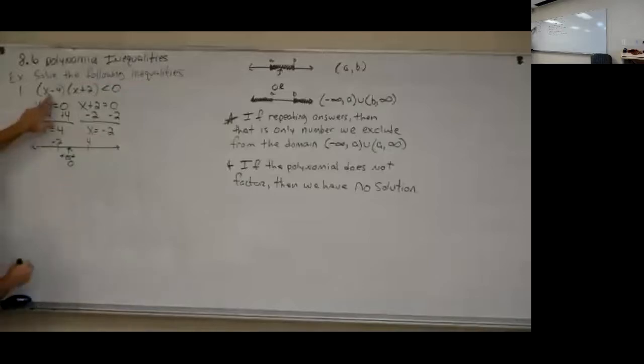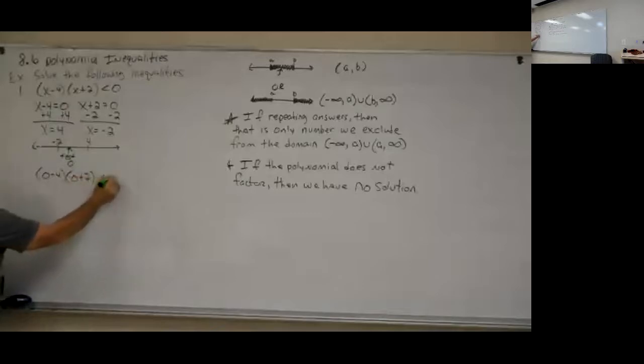So to test for 0, you would put a 0 in for these x's. So I got 0 minus 4 times 0 plus 2 has got to be less than 0. We always say it's a negative 4 for the first parentheses times a positive 2.